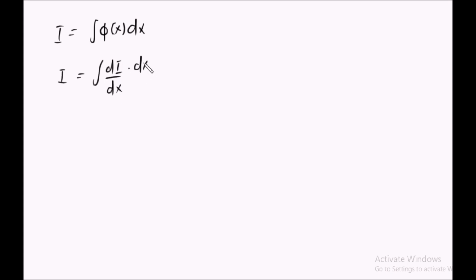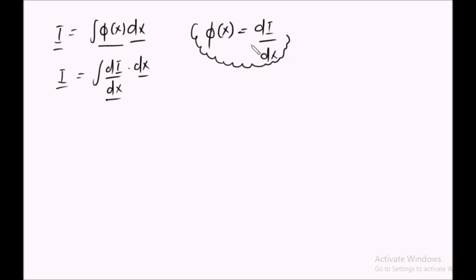So if you compare these two, tuna dx na dx, afu tuna phi of x na huyu, afu tuna I na I. So kumbe phi of x is just di dx, and this is so true because I said integration is the inverse of differentiation. That's why nikiintegrate phi of x with respect to x napata I, lakini nikidifferentiate I with respect to x narudi kwenye phi of x. So this is true.